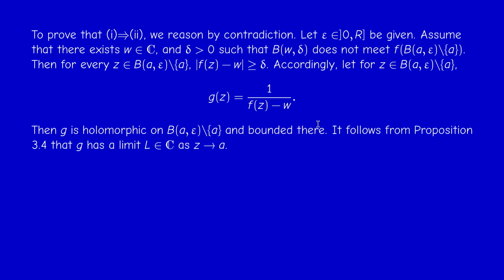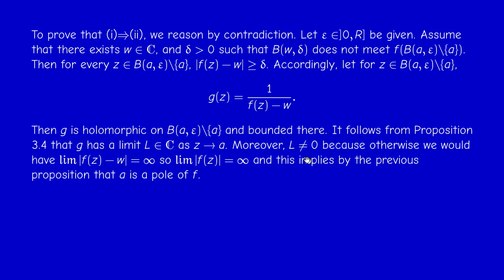So what do I have? If it's from proposition 3.4, I have a holomorphic function on a punctured disk, which is bounded, and therefore it extends to a holomorphic function on the whole disk. So in particular, it has a limit.